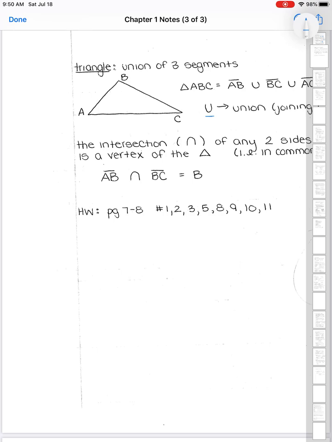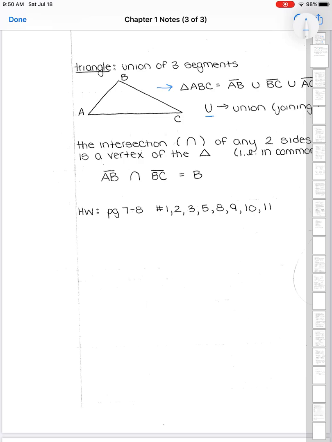All right, let's start to combine a little bit of this. Next we come up with a triangle. We've always known that a triangle is made up of 3 sides, but let's use some formal terminology here. It's the union of 3 segments. Union is represented with the letter U. The new way of writing out a triangle would be this statement right here.